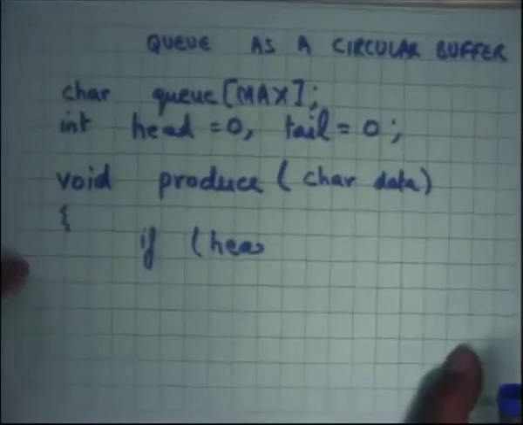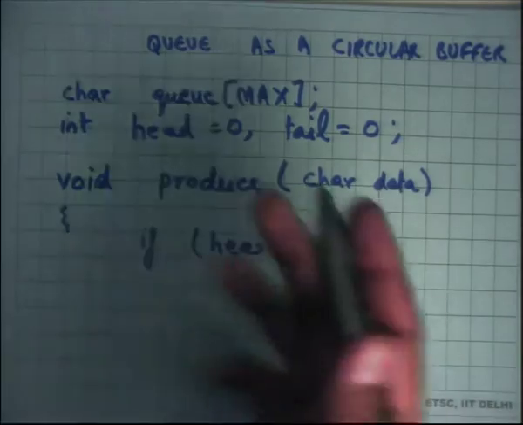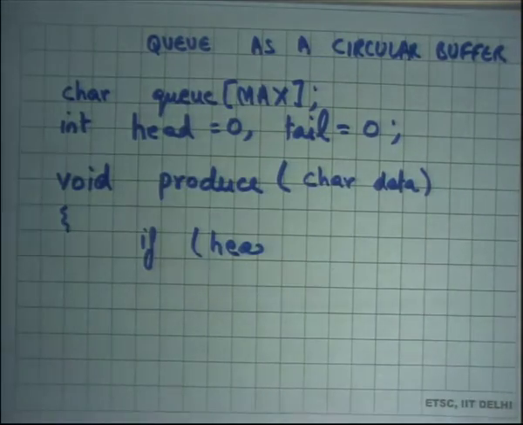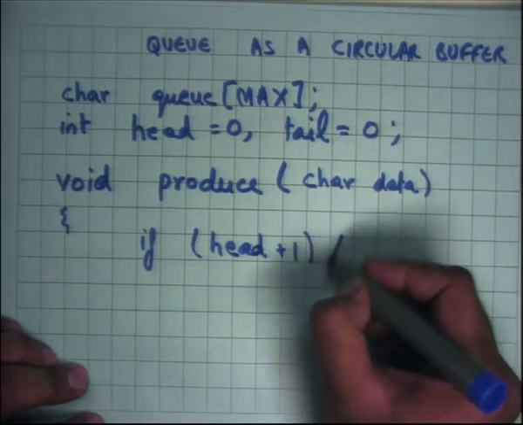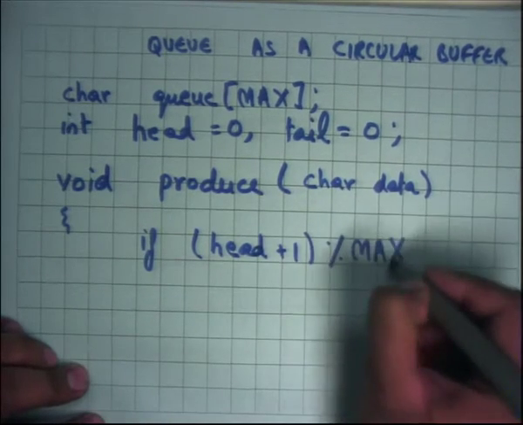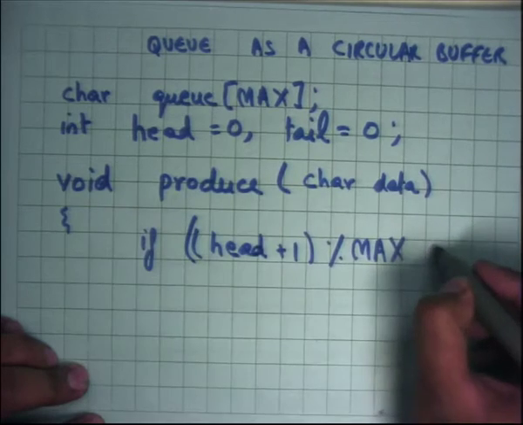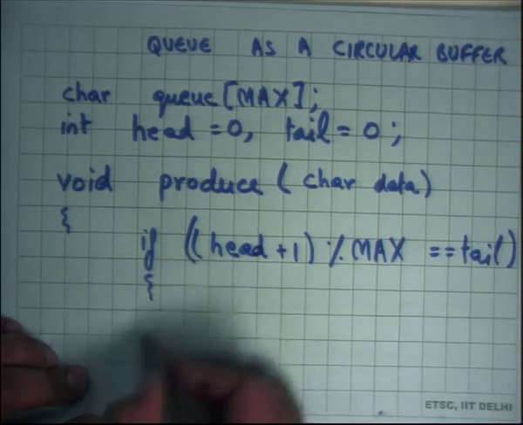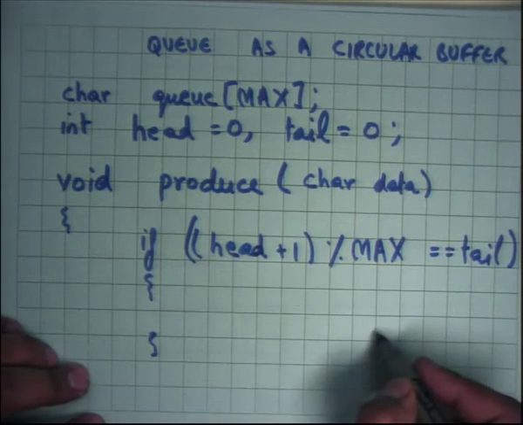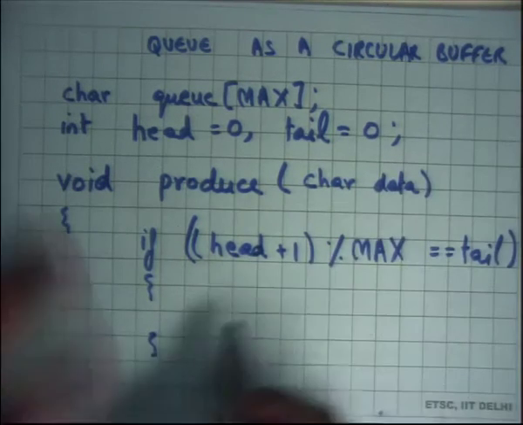All right. So what will produce do? It will check if the queue is full. If it's full, then it will, let's say, return an error. So it will basically say if head plus 1, in a circular way, modulo max, is equal to tail, then let's say error here. Let me just leave that blank.